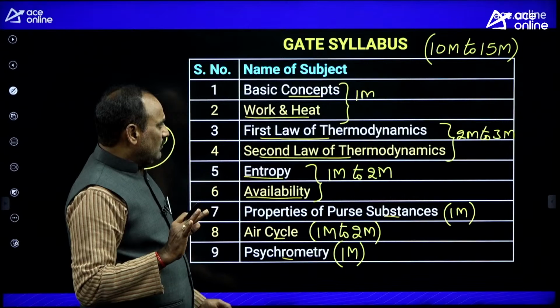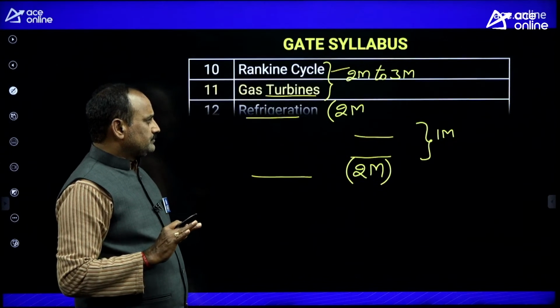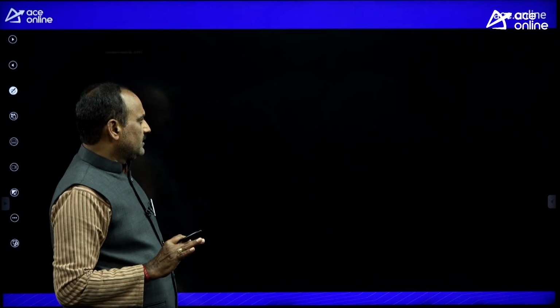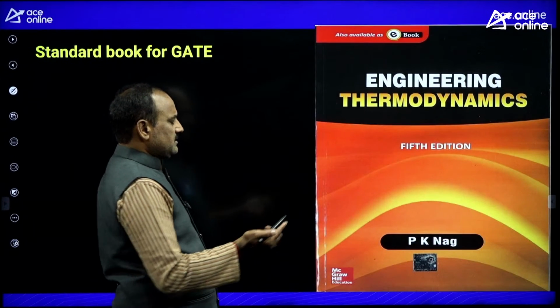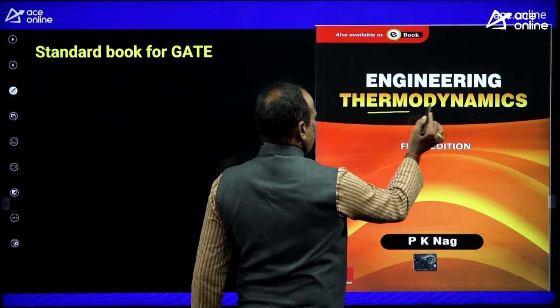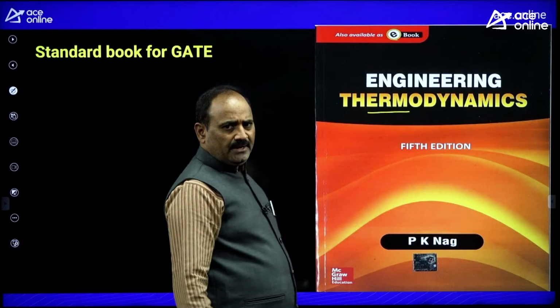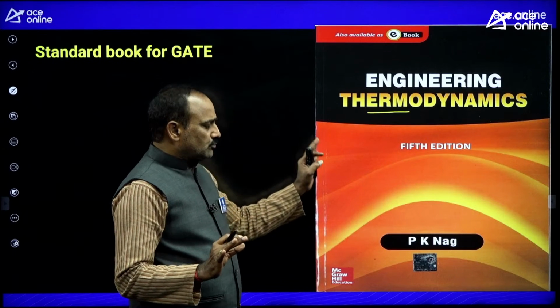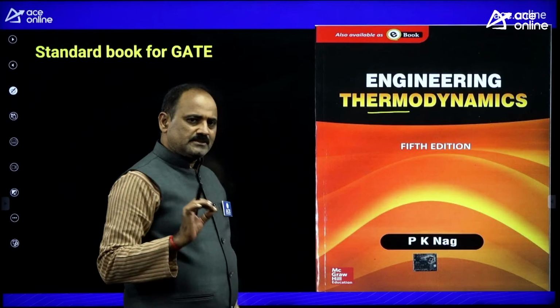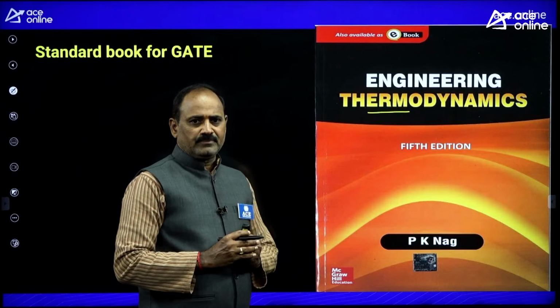Okay. Now from the GATE point of view, the best or standard material is Engineering Thermodynamics by P.K. Nag. Dear friends, you just go through the theory concepts through this P.K. Nag.